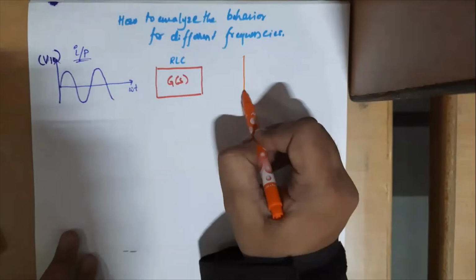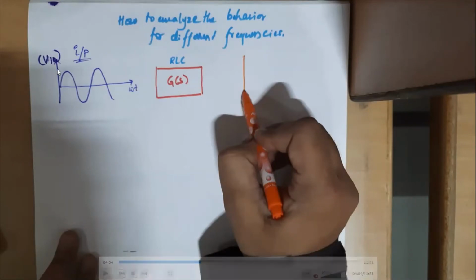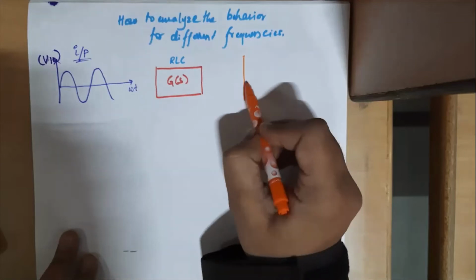Let me consider a dynamical system whose transfer function is g of s, which is similar to an RLC circuit. If you derive a transfer function for RLC, imagine that it is g of s. I am applying an input signal, V in, to this system. So what will be my output?